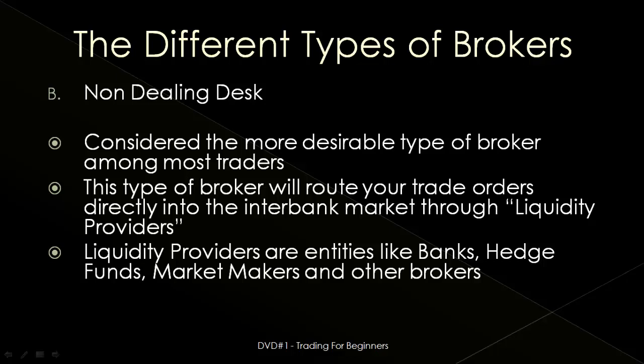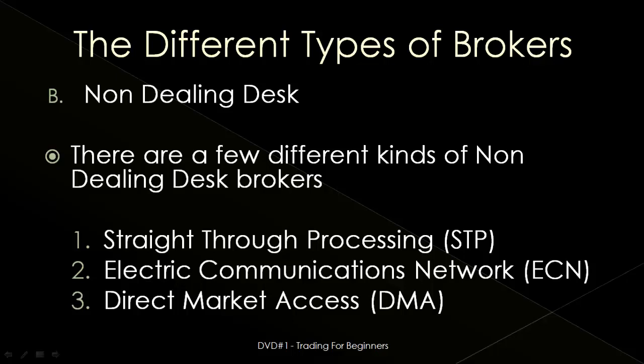Now, there are a few different types of non-dealing desk brokers. Let's take a closer look at the first type. The first type of non-dealing desk broker is the straight-through processing, or STP. The second type is the electronic communications network, or ECN. And the third type is the direct market access, or DMA.